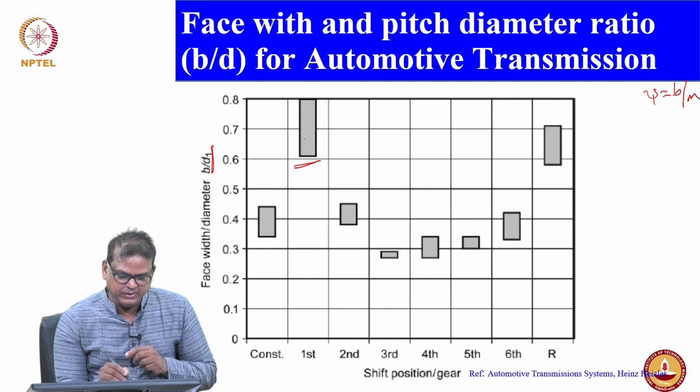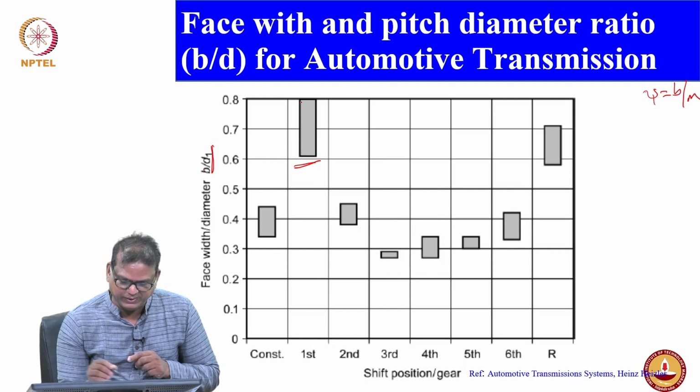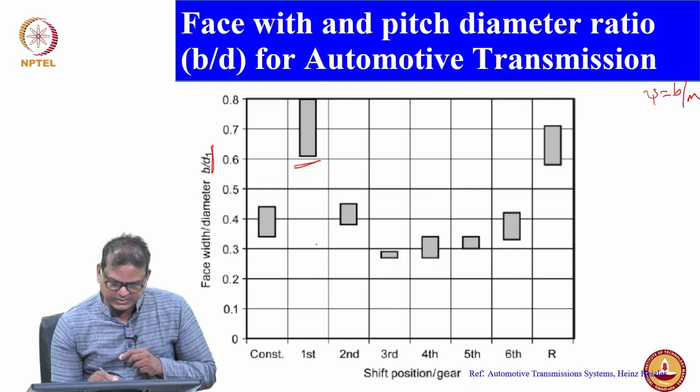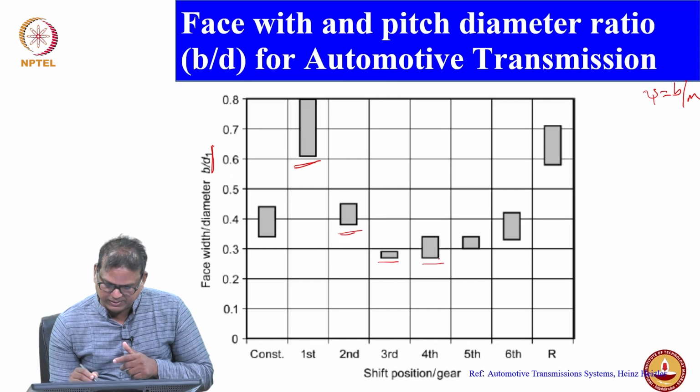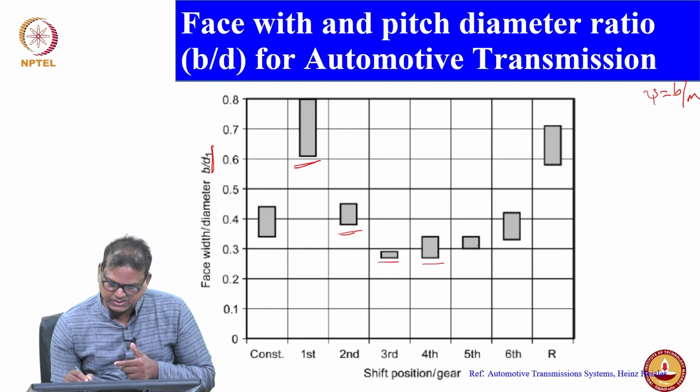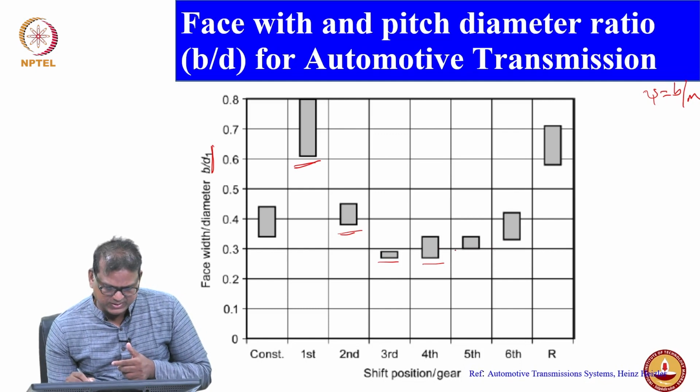It is given between 0.6 to 0.8, and for the second it is even lesser, 0.4, and 0.3 for the third. I have taken the automotive transmission system, and you can see these are in the range.